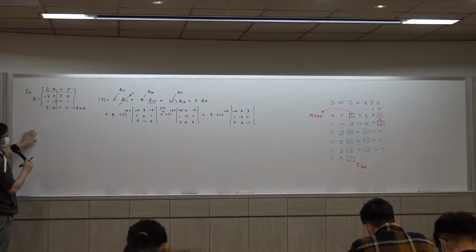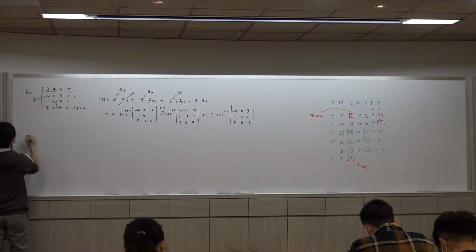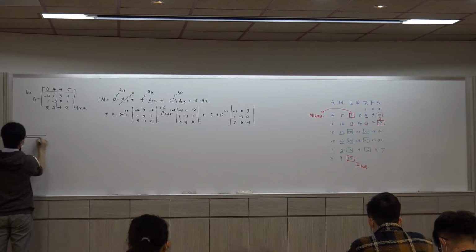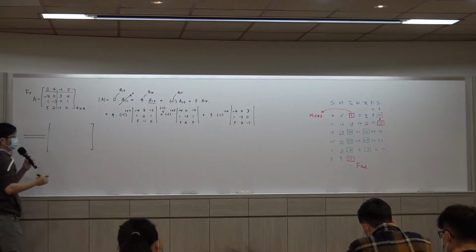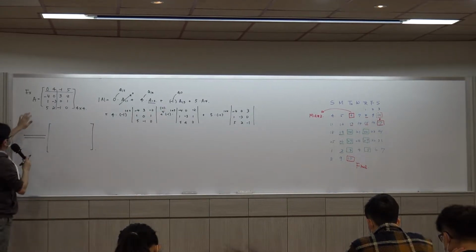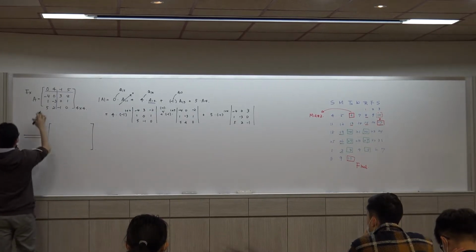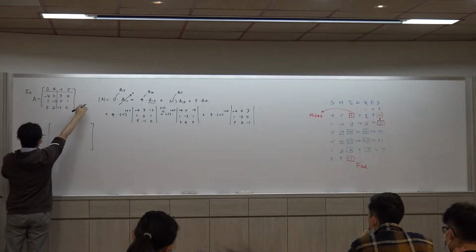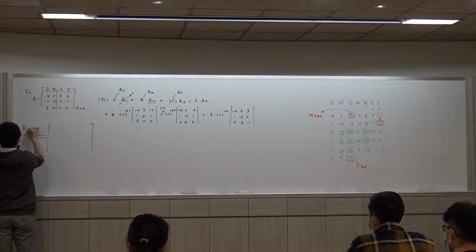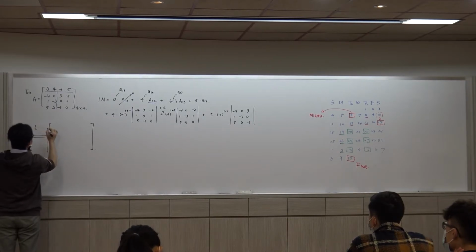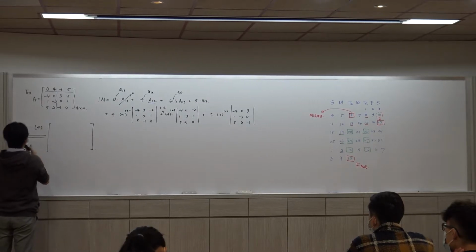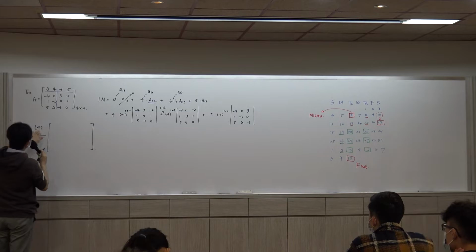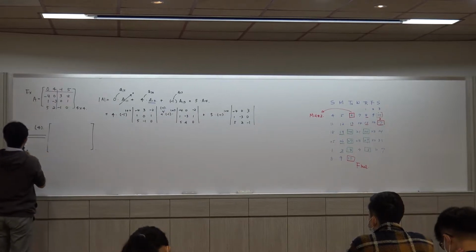And we can also use other ways, by creating more zero terms. For example, we can multiply the third row by 4 and add it to the second row.